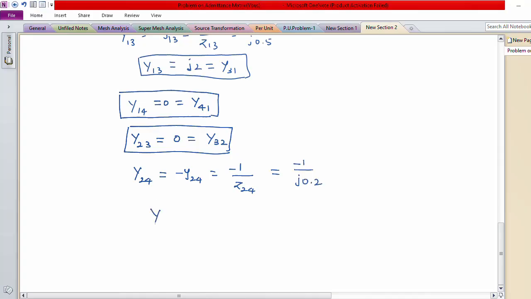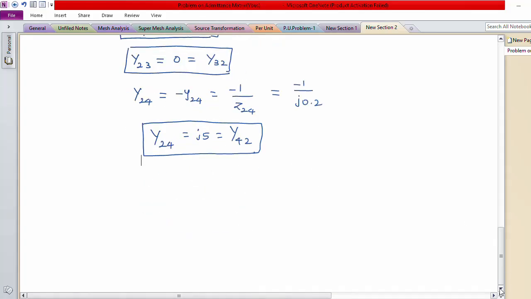If you simplify that, Y24 is equal to j5, that will be equal to Y42. Similarly, Y31 and Y32 we have already calculated; Y34 we have to calculate.